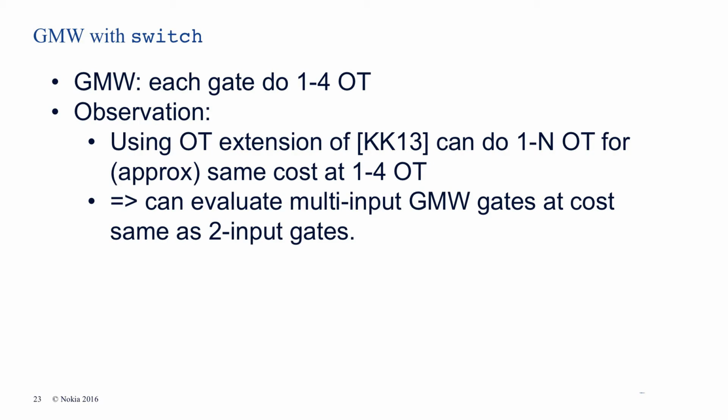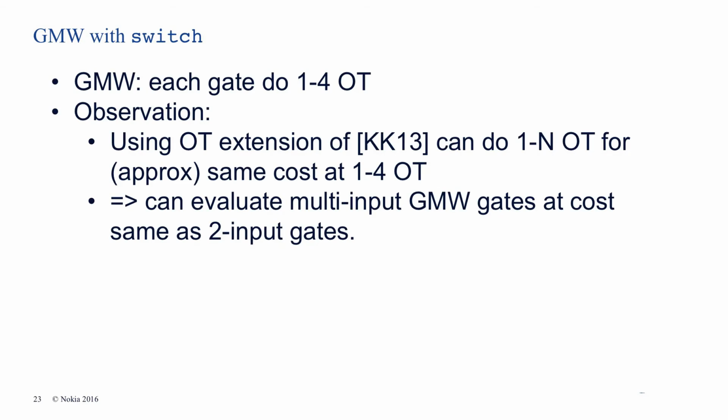To recall at a very high level what happens in the GMW, when you evaluate a gate, you need to do 1 out of 4 oblivious transfer. I'm not going to tell you of what, because it's a little bit involved. There was work with Ranjit a couple of years ago, and we observed that you can do 1 out of n for relatively small n OT for approximately the same cost as 1 out of 4 OT.